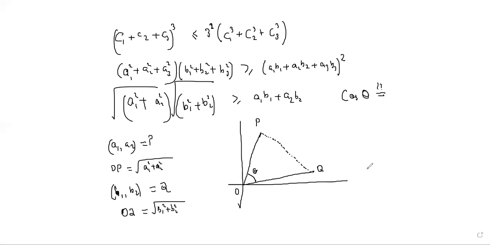So then what does the cosine rule say? The cosine rule would tell you that cos theta is OP square plus OQ square, right? Minus, so what is that? 2, right? No, 2, or is it 2? Yeah, maybe 2. 2 into.